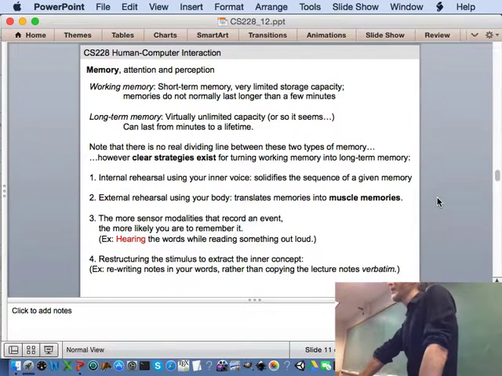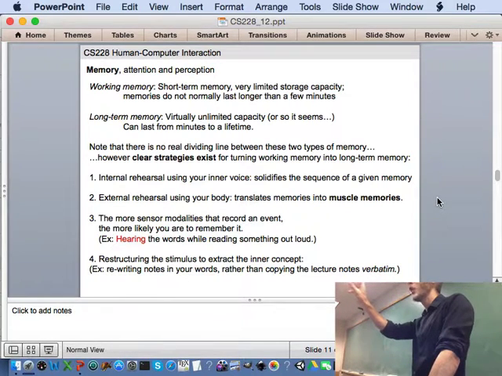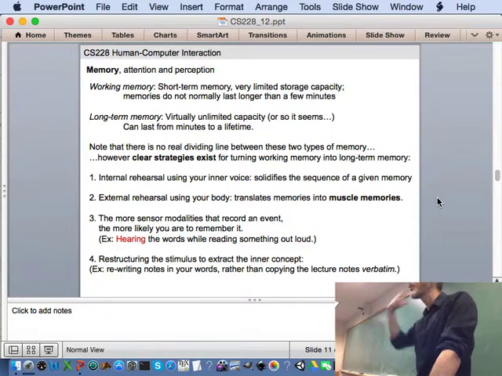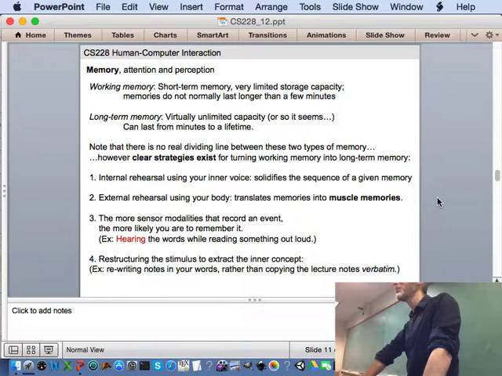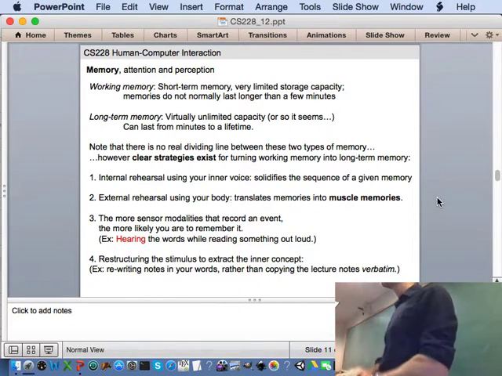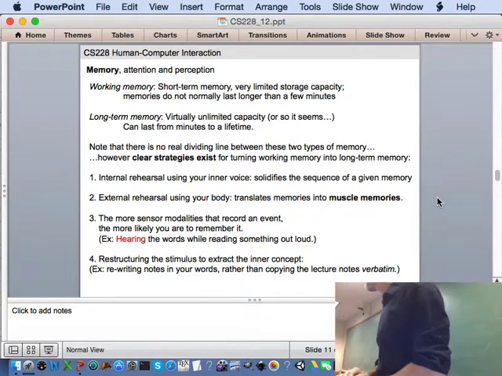I don't remember the combination from my lock in high school, but if I were to be put in front of that lock, I could probably open it just from muscle memory, right? It's in some other part of the brain, some other pathway that has to do with movement. Okay. The more of your sensory modalities you can bring to bear on a problem, the better it is at remembering it.